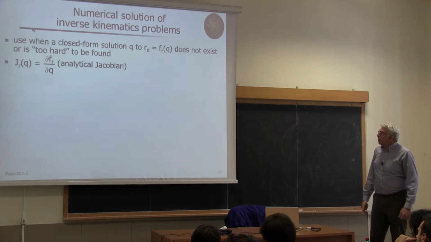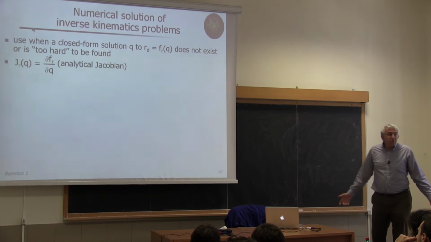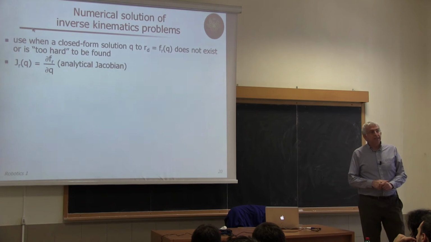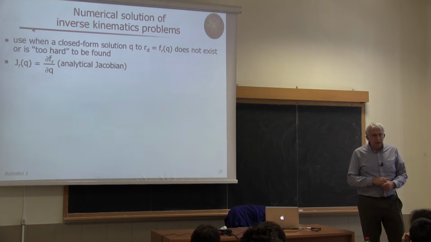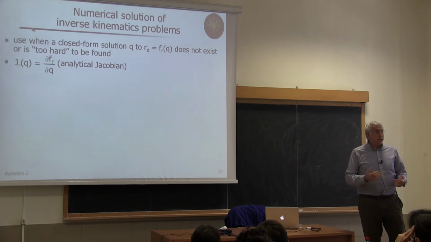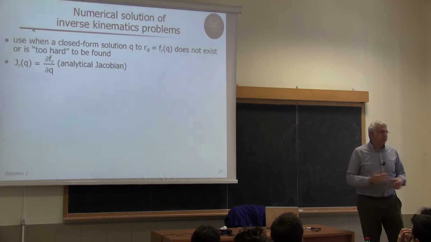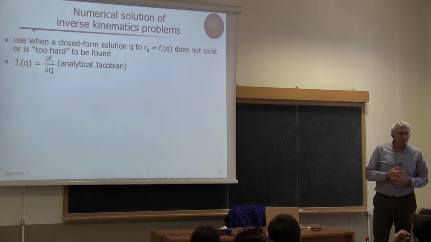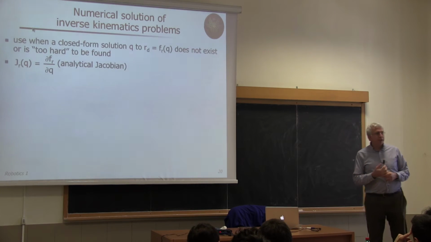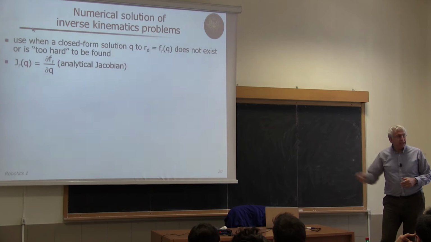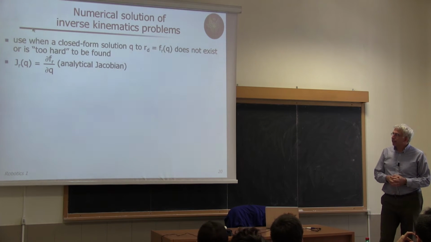Or when we are not sure if a solution exists, for instance, when the sufficient conditions of Pieper are not satisfied, or even if they are satisfied, we are too lazy or we don't want to bother about looking for an analytic solution with the techniques that we have introduced last time.